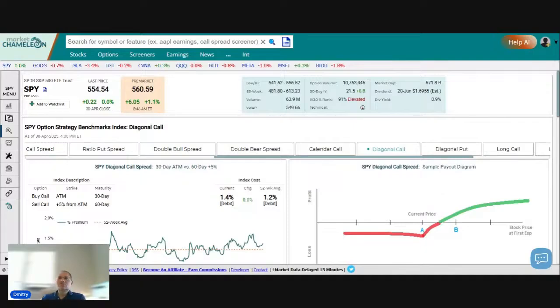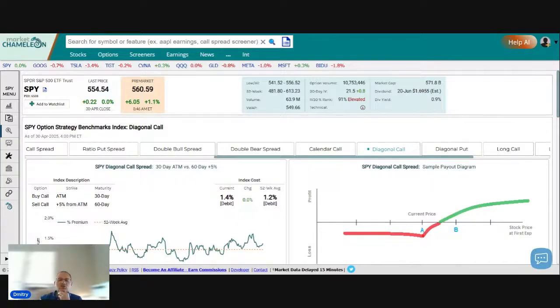Now, in a diagonal, you have different expirations and different strikes. You buy one strike in one expiration and then sell, let's say, an at-the-money call in one expiration, and then go to a different expiration and do a different strike, selling an out-of-the-money call. That's a diagonal spread.